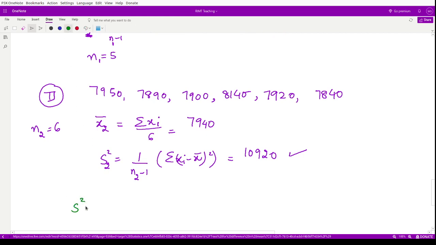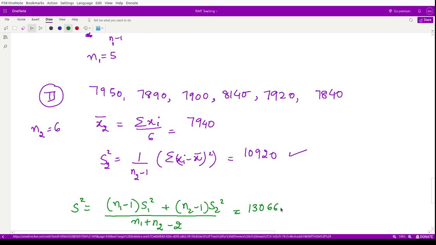You have the formula of S square, that is n1 minus 1 into S1 square plus n2 minus 1 into S2 square divided by n1 plus n2 minus 2. So what is this quantity? When you compute this, it comes out to be 13066.7. You may check this.